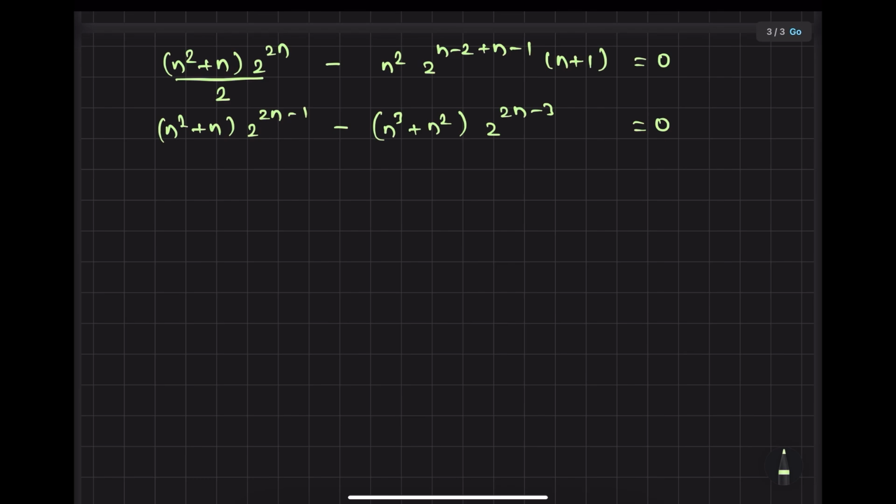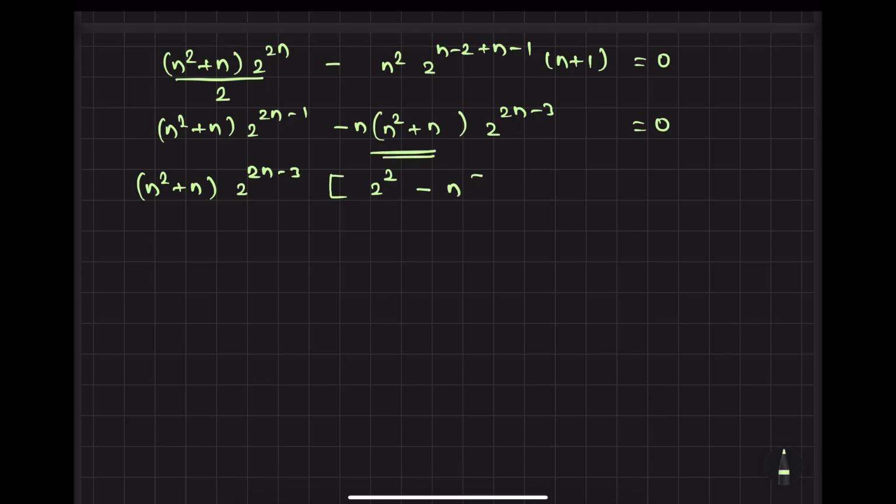Correct? So I will take something common. So from here what you have to do, you have to take n common. Okay, so it will look like this. So take n common, so n square plus n common, and then 2 power 2n minus 3 common. So from here what we'll have? We will have 2 power 2, okay, minus, here we will have what?